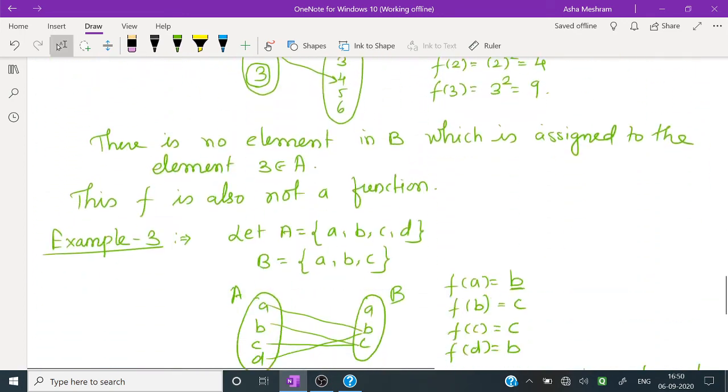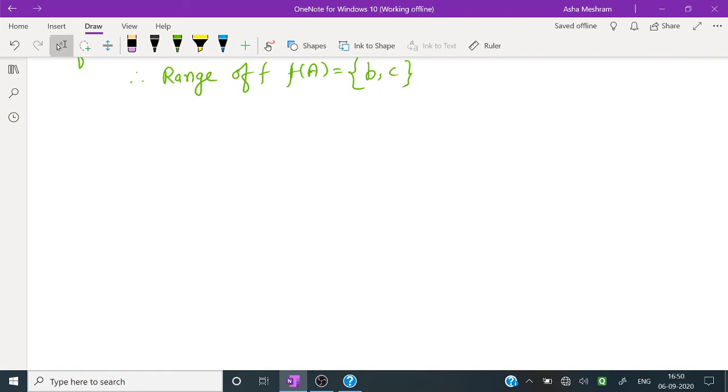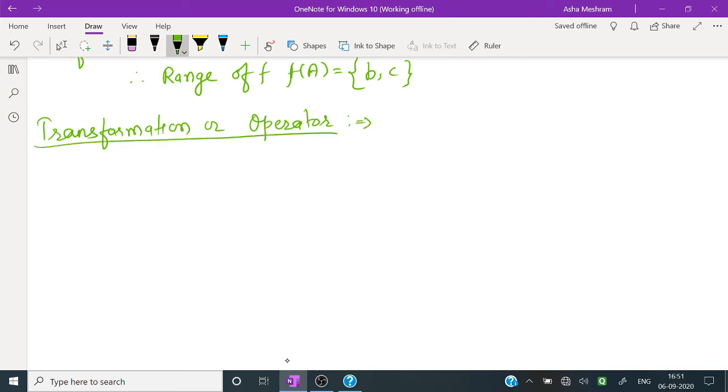These were the three examples which we had taken, and now let's see the definition of transformation or operators. A transformation or operator is nothing but a function, but with some restriction, that is the mapping from a set to itself only.